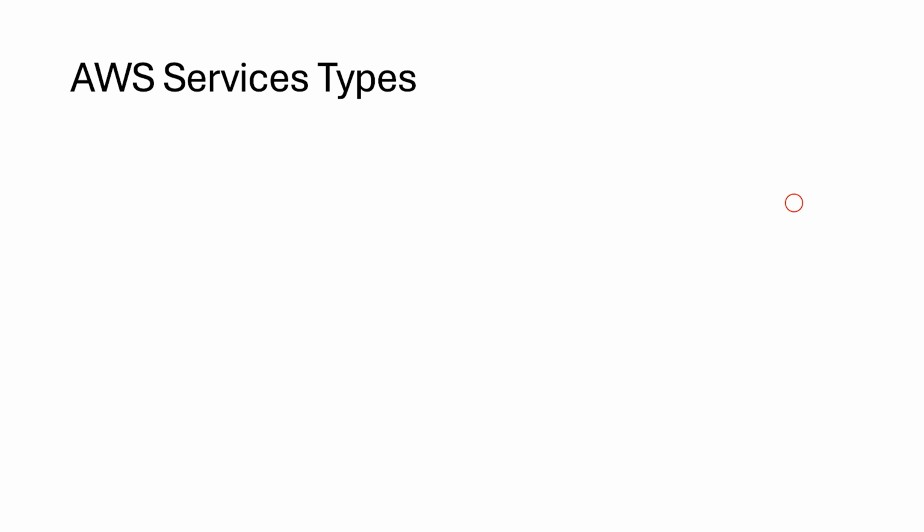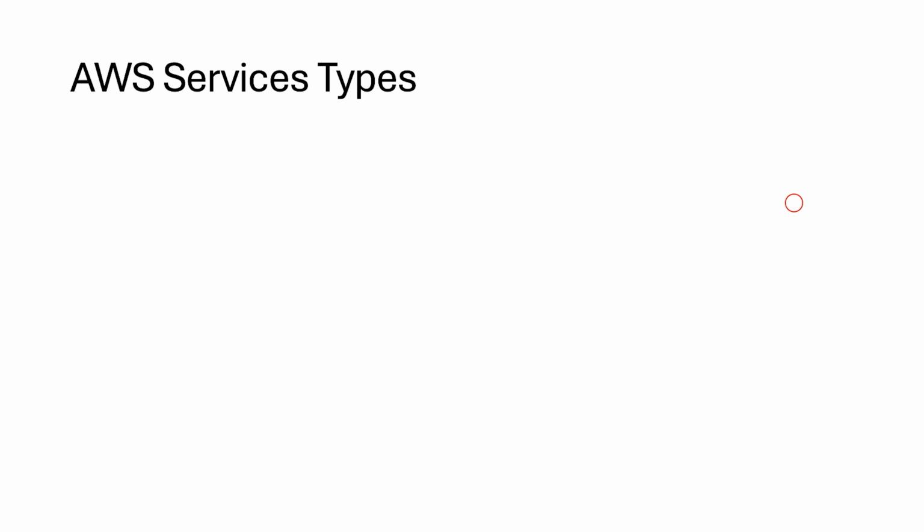And moving on to the next slide, that is regarding AWS service types. In the first slide, we have already observed AWS services are scoped to regions. That means a service in one region cannot be guaranteed to be available in another region. And the cost also differs from region to region.